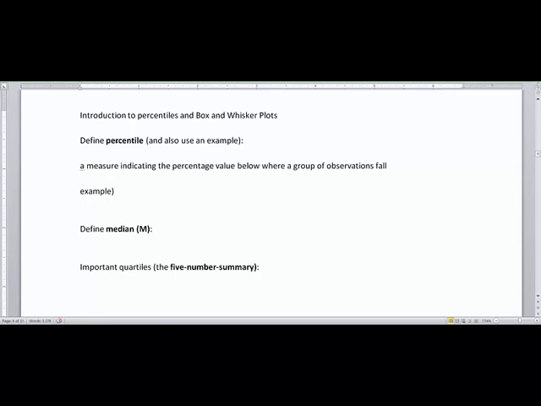If you have had a child born, you're going to get a lot of percentiles. A percentile measures where your child is in comparison to all of the other children that are born within a relatively quick period of time.